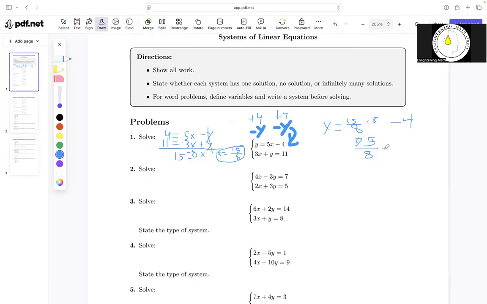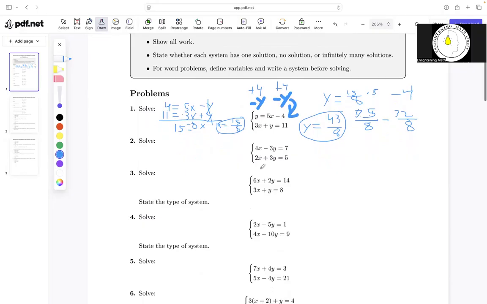So 75 over 8 minus 32 over 8. And what we have here is y equals 43 over 8. So now we have the solutions for both of our variables for the first system of equations.